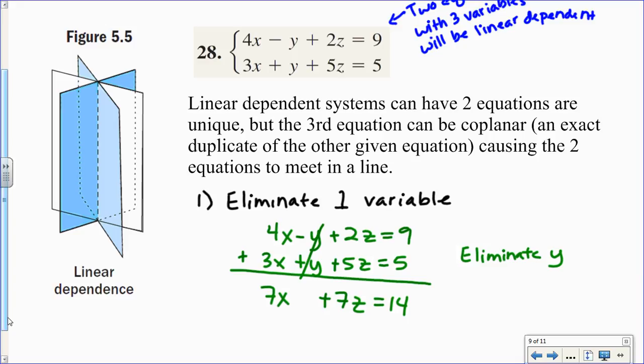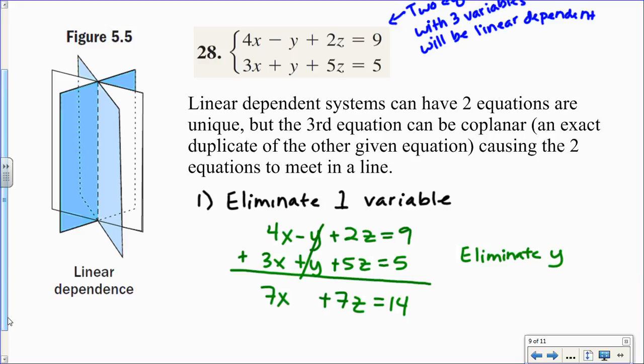Yeah, technically, x could be eliminated too. You just have to multiply first. So always eliminate one variable first. I don't have any other equation that I could pair to get another equation with just x and z, like we did on the last example. So right here, I'm kind of stuck.